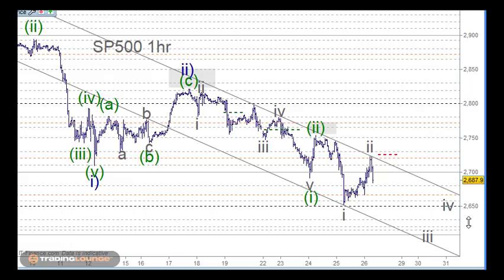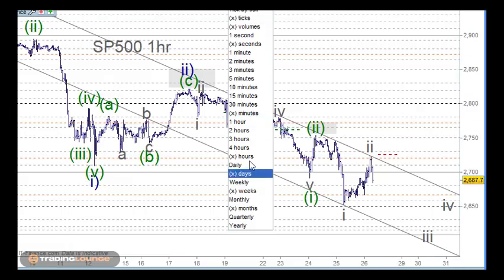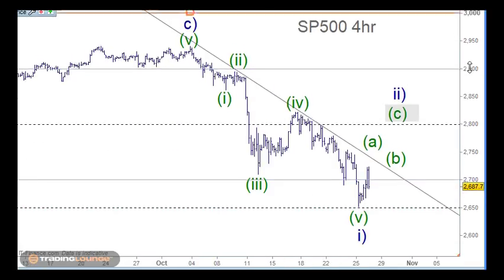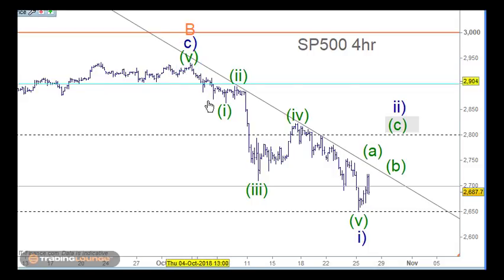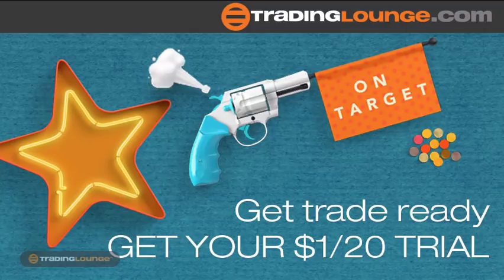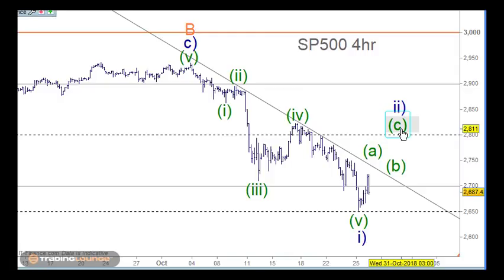The other count that we've been talking about here, if I can just bring it onto the 4-hour chart to show the bigger picture, is looking at it like this here with 1 and 2 and 3 and 4 and 5 here as wave 1, and I have adjusted that a bit, but still the same count, and then looking for an ABC back up into the 2800 there, and then down from that point.